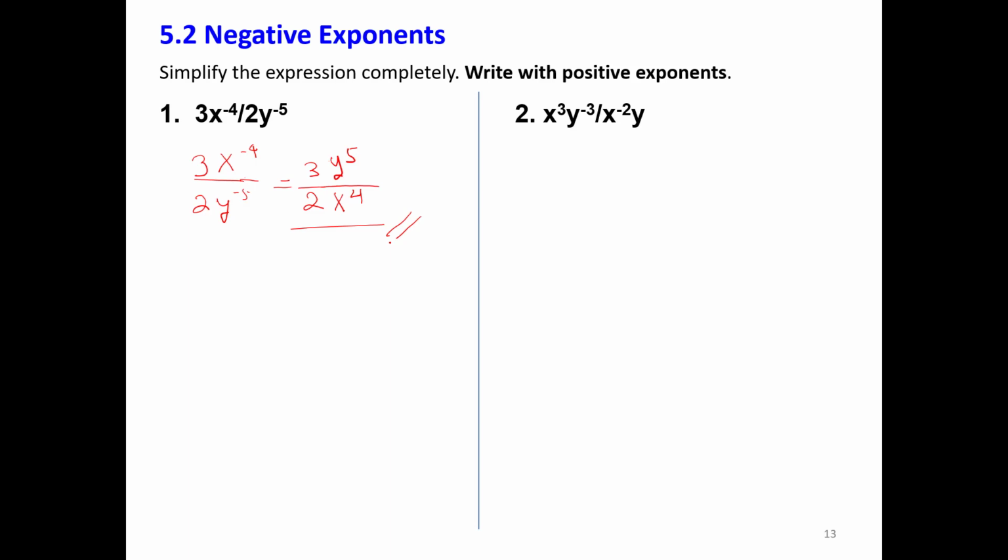Then I want to rewrite this one, and this will be x to the third over x to the minus 2 times y. Now let's apply the negative rule of the exponents. x to the third, we want just positive.